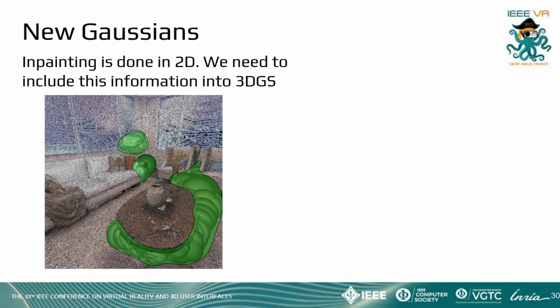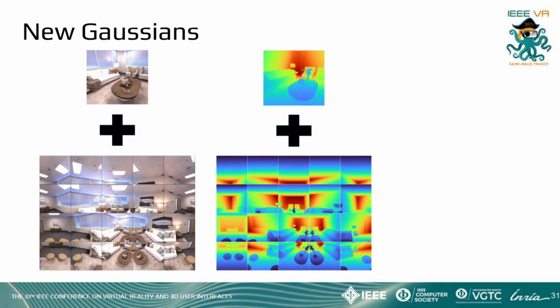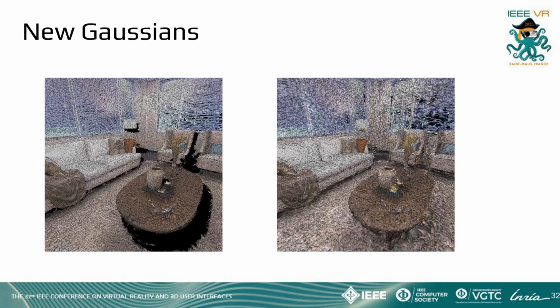Therefore, we take these raw Gaussians and add them to the initial Gaussian splats. At the same time, we take the inpainted RGBD pair and add it to the initial pool of views, and we keep training for further iterations. Eventually, the properties of Gaussians at the holes converge and we are ready to query a new view.